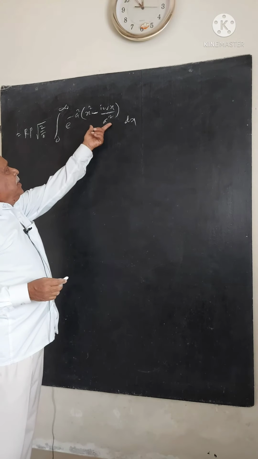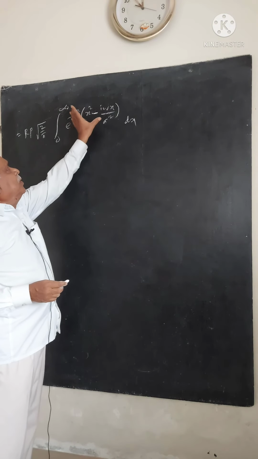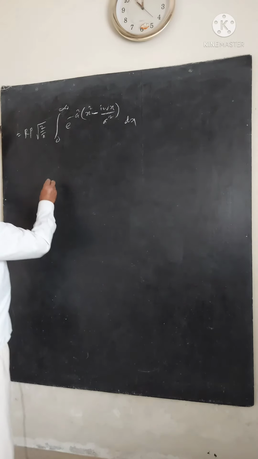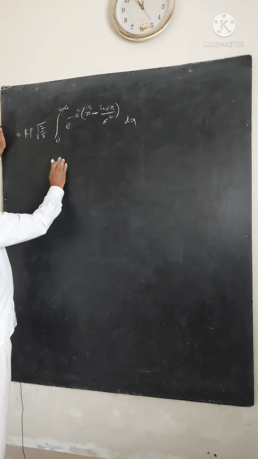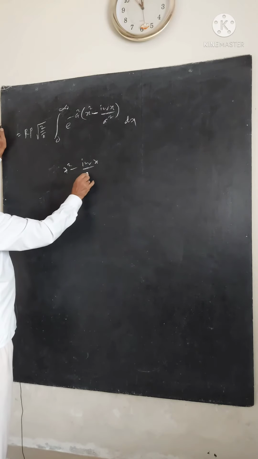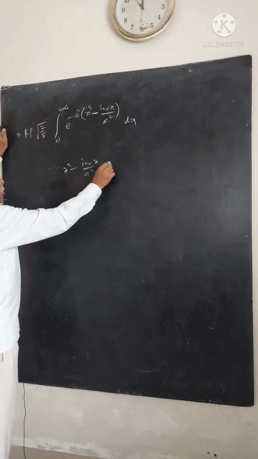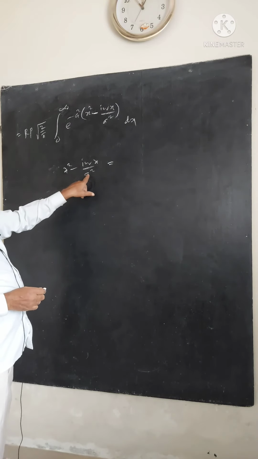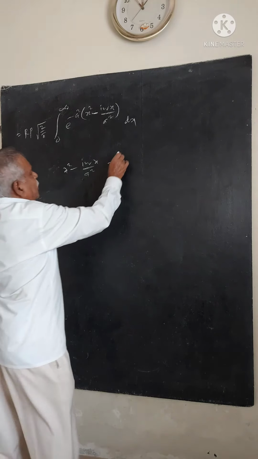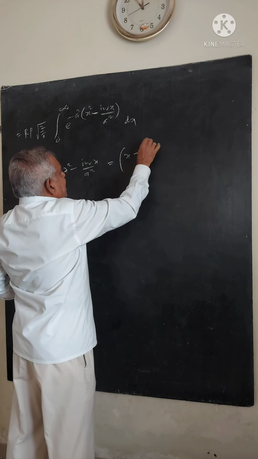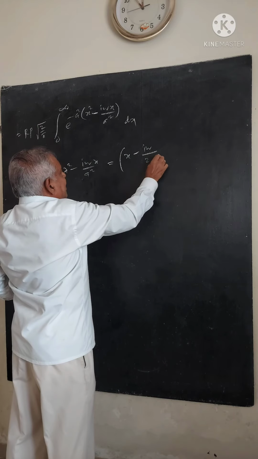Let us take this bracket form only. We have to make a perfect square of this. x square minus i omega x by a square: the coefficient of x is i omega by a square, and it should be divided by 2. Therefore x minus i omega by 2a square.